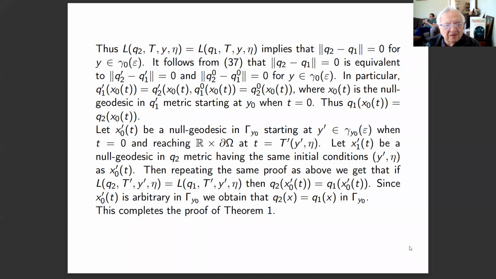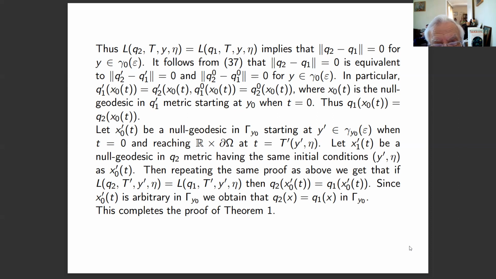So Q2 prime minus Q1 prime is the norm in the X variable, and Q2 0 minus Q1 0 is the norm in X0.